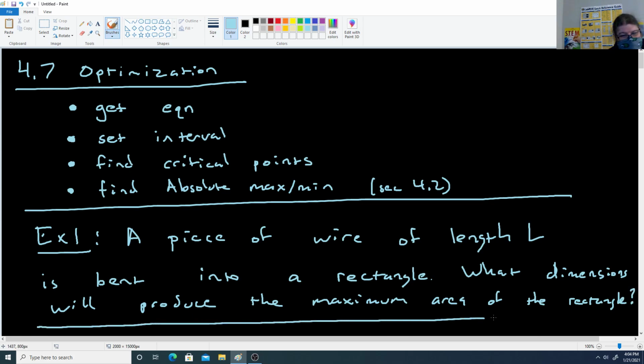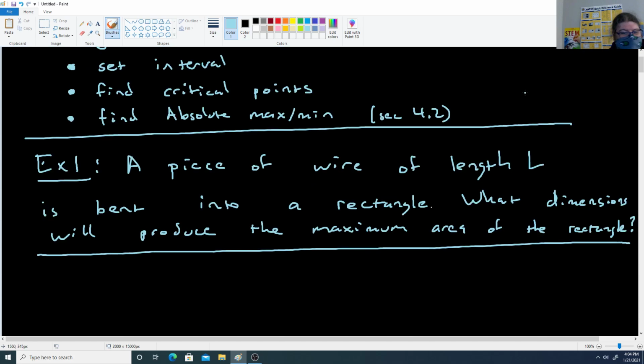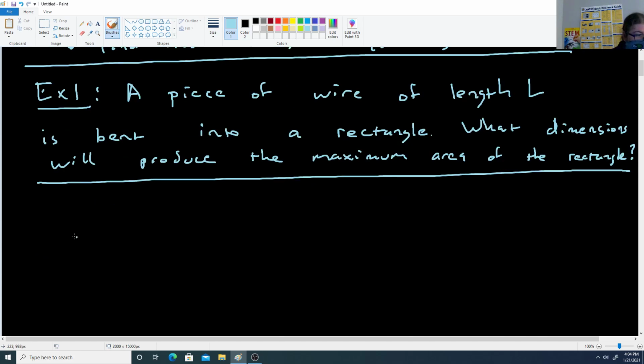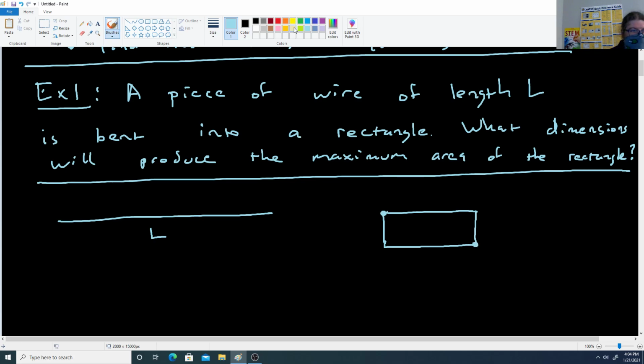So what they give us is a wire of length L. So we have an overall wire here, it's length L. We're going to bend it into a rectangle. And I want you to think, if we viewed the rectangle as 2 different shapes, say one of them is along here to here, and the other one would be down here to down here.